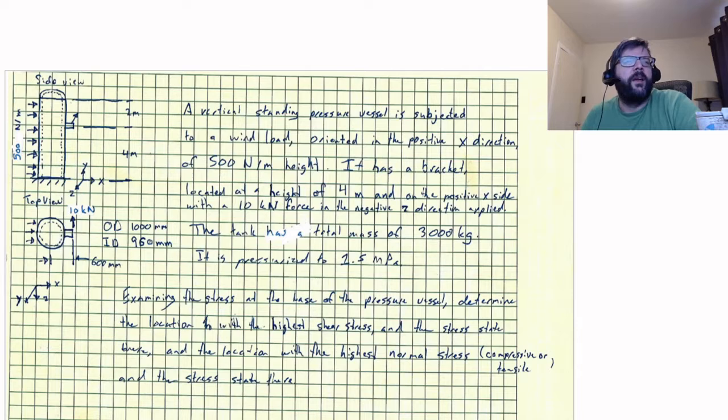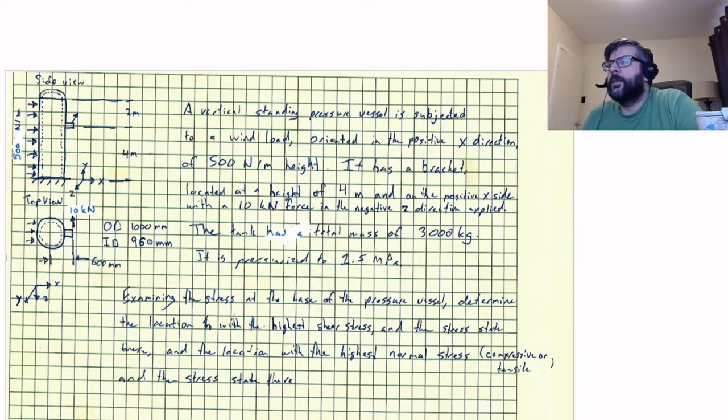And then we have a force, like a cable or something attached to that bracket, that's applying a force to it, and that force is 10 kilonewtons oriented in the negative Z direction. The tank has a mass of 3,000 kilograms, and it is pressurized up to 1.5 megapascals.